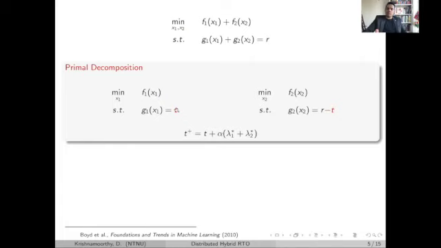And the economic interpretation of the primal decomposition approach is that the different subproblems locally optimize their problem for given t and R minus t, and report the price they are willing to pay for the shared resource. And this is nothing but the Lagrange multipliers that correspond to this constraint over here. So now, using this information, the master coordinator allocates the shared resource.